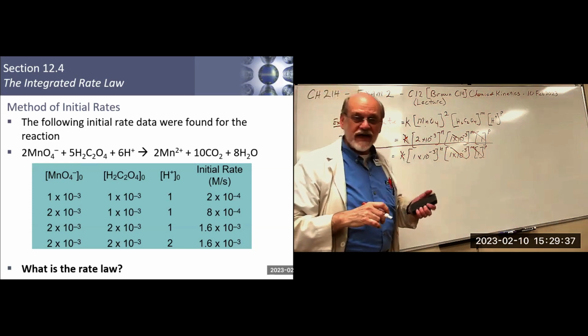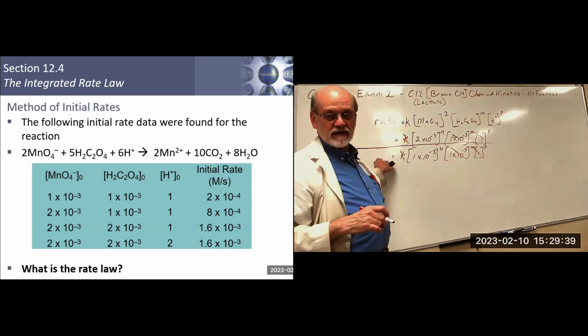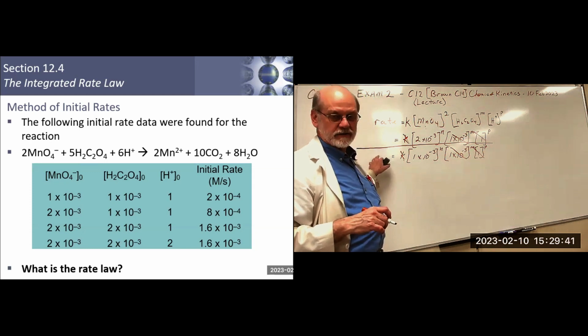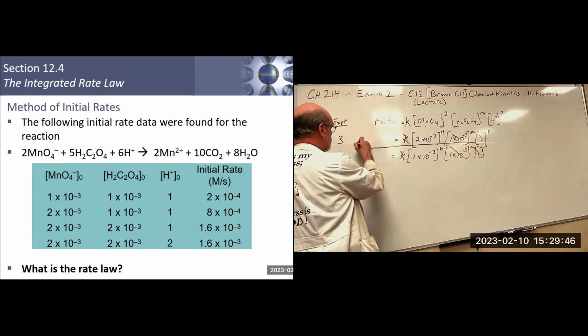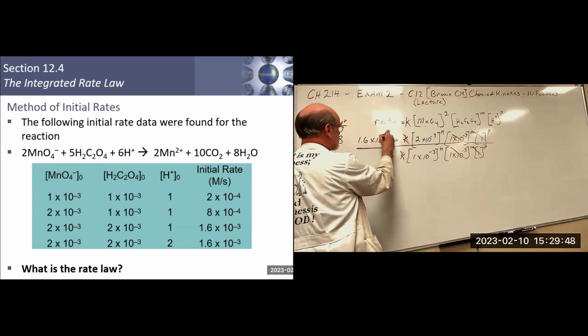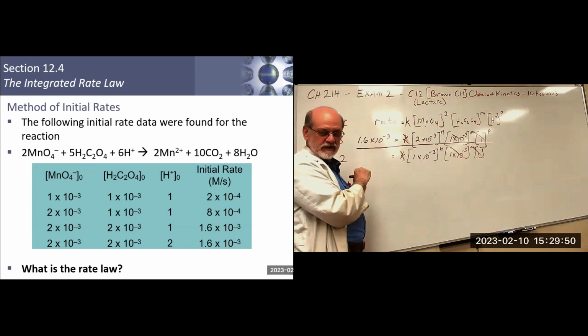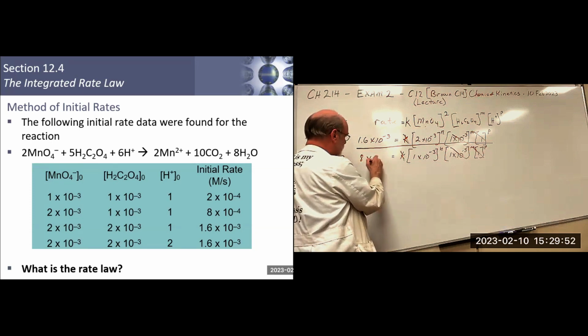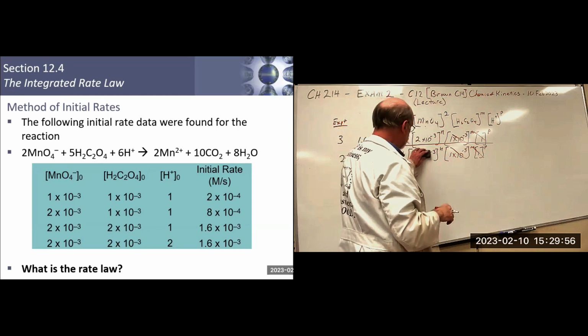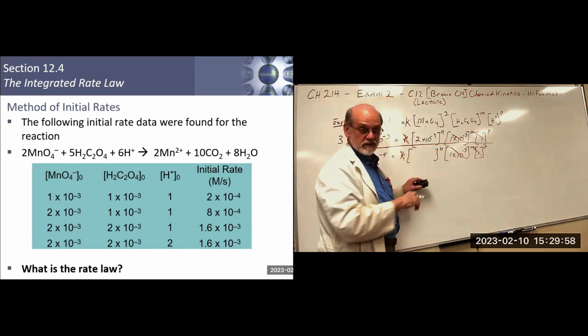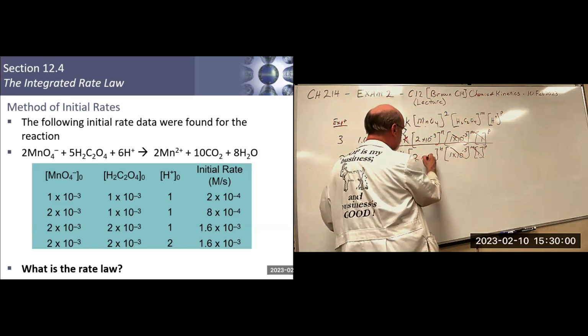And the reason I do that is so that this will be a whole number and not a fraction. So 1.6 times 10 to the minus 3. And the other one is 8 times 10 to the minus 4. And now these values are going to change. This is going to be what? 2? Yes. This will be 2 times 10 to the minus 3.